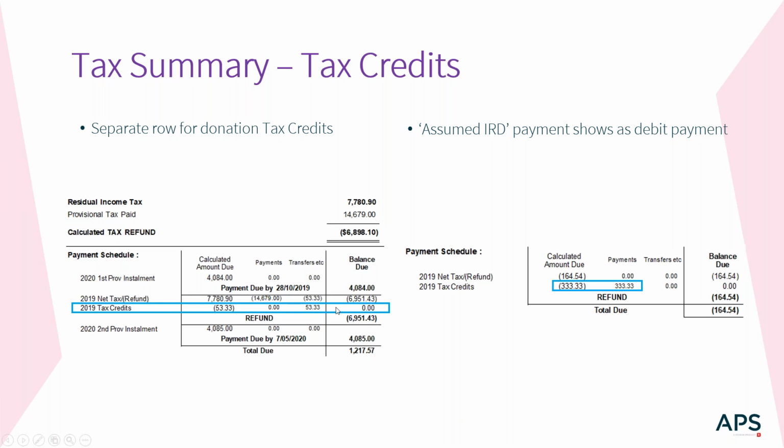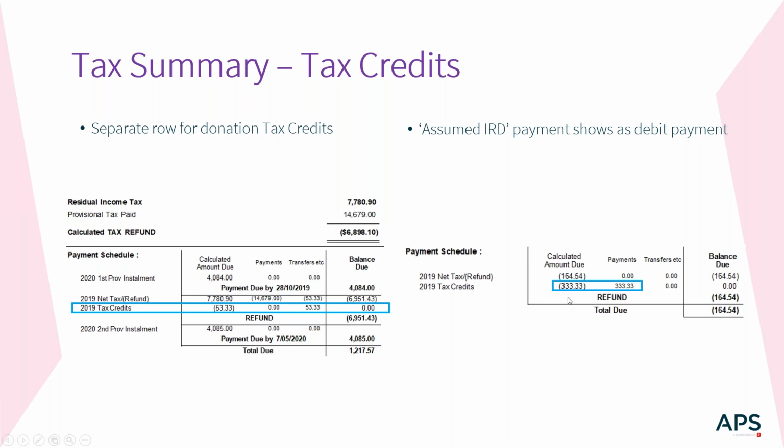So the net effect for the donation tax credits is 0, and what was the refund or tax credit has been transferred against the income return to reduce the due amount.